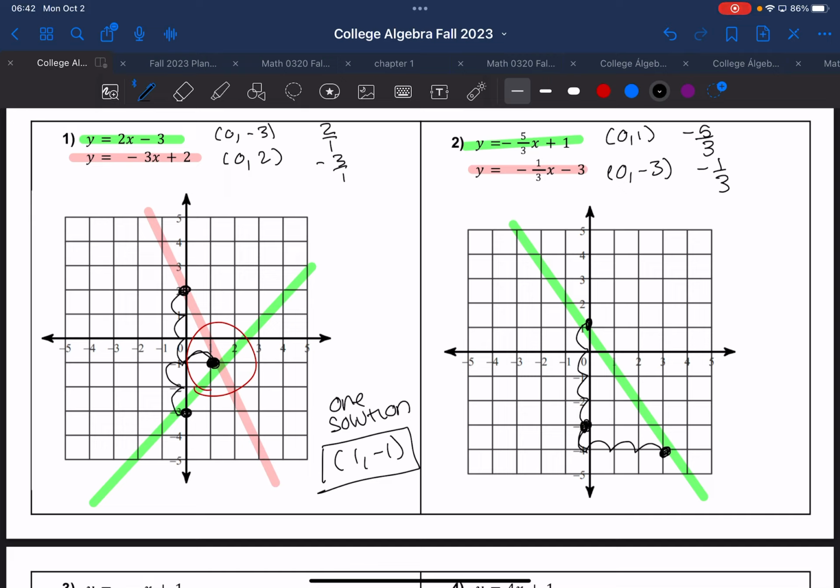Good, so down 1, right 3. And notice it's going to also cross at that same point, right here. And pretend that's straight. It's a straight line. So that means right there is our solution. And what point is that? Good, 3, -4. So it's one solution at 3, -4.